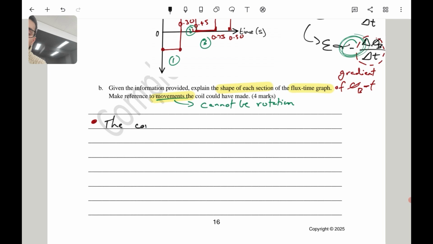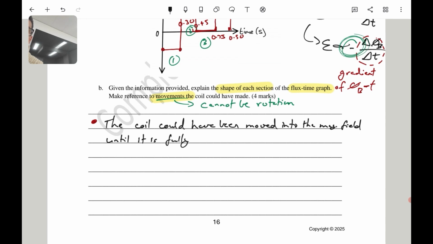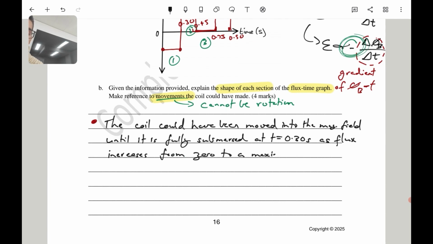So we can say that the coil could have been moved into the magnetic field until it is fully submersed at t equals 0.30 seconds, as the flux increases from 0 to a maximum.